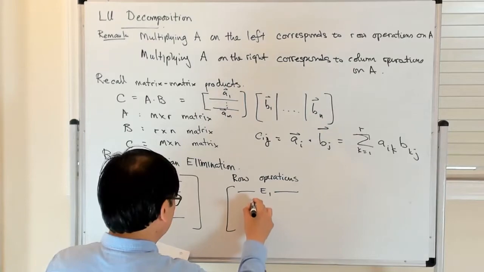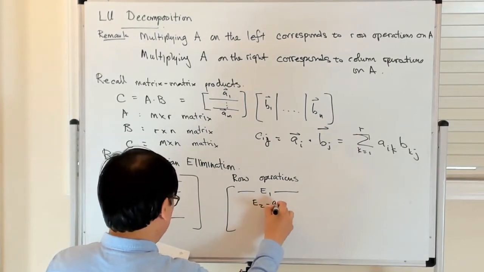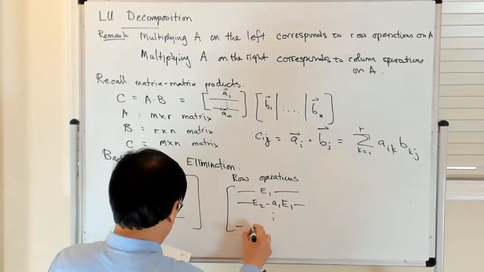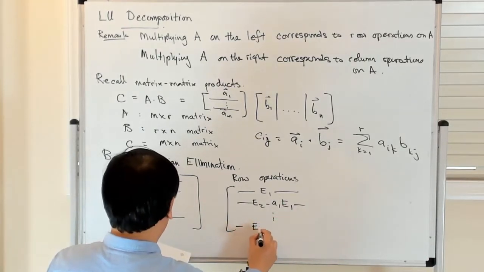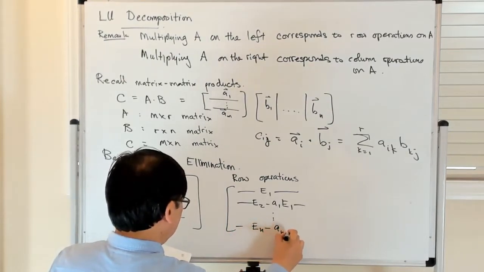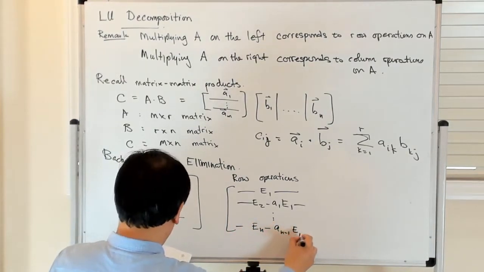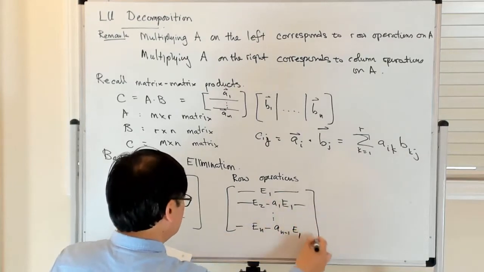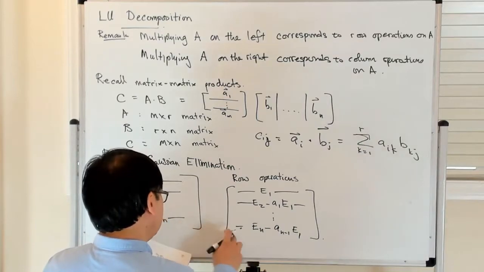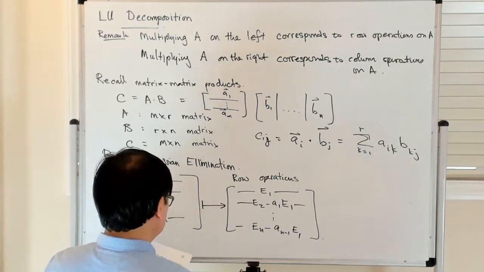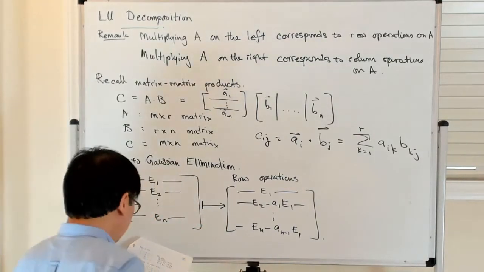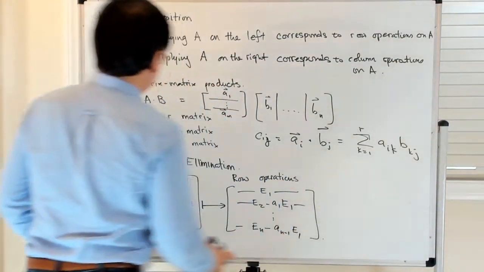Then the second row becomes E2 minus a1 E1, and then all the way down to En minus a_(n-1) E1. And so the question is, how do I write this? This is the map I want to apply, and how do I write this as a matrix multiplication?